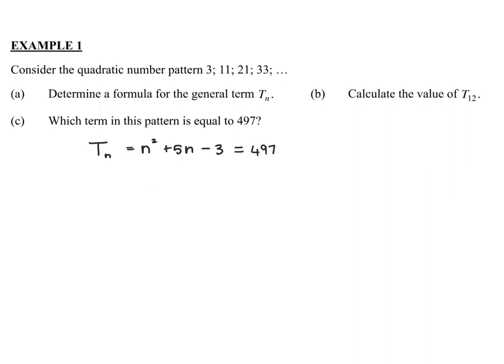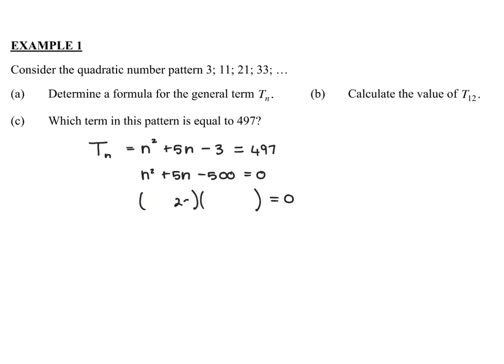To solve this quadratic equation, you write it in the standard form, equal to 0. Now you can either use the formula or you can factorize. If it's not easy to factorize, use your calculator and look at the factors of 500.